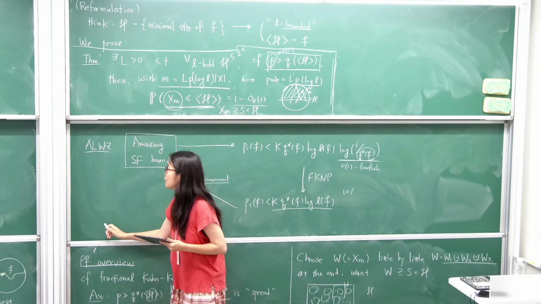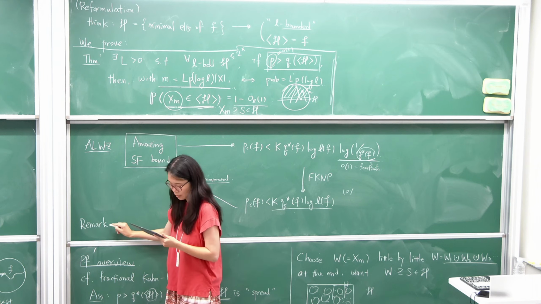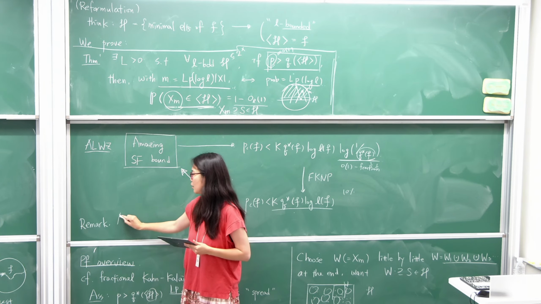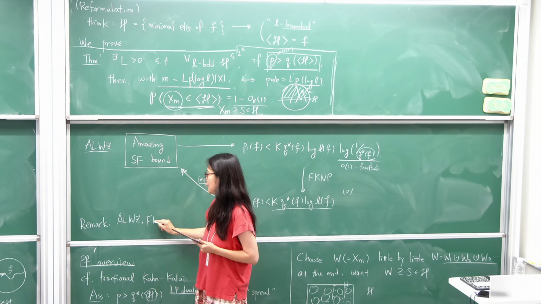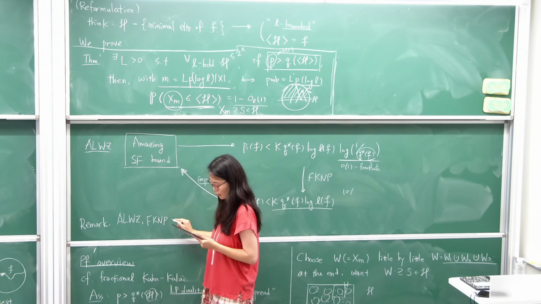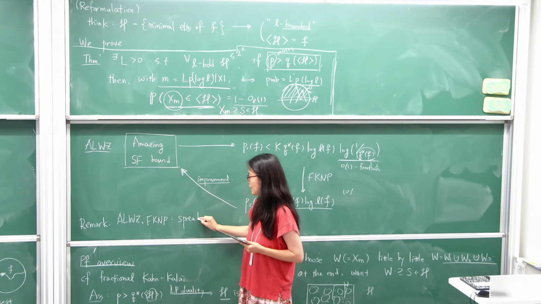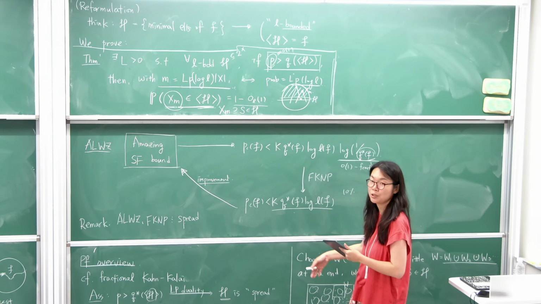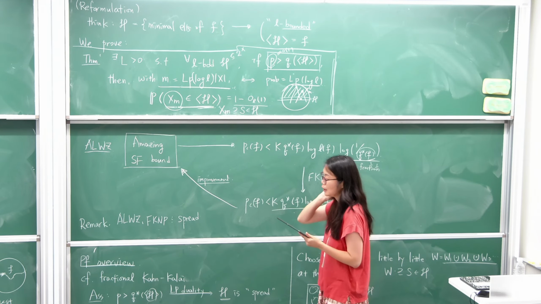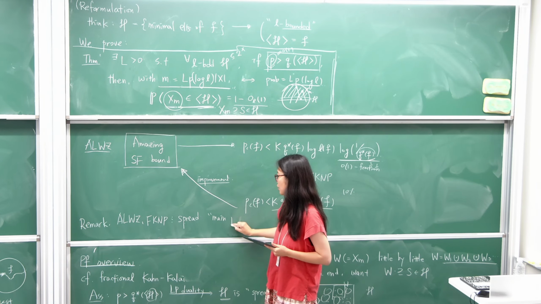And let me make a little remark. In this work, ALWZ and FKMP, really the spread, so I said using LP duality, we can say that H is spread, which is a very nice combinatorial structure, and this spread is really the main power source.